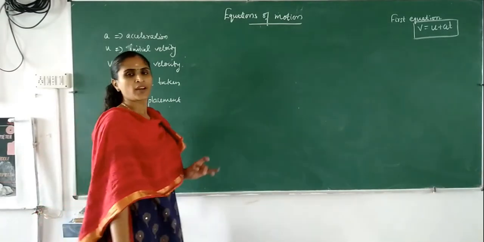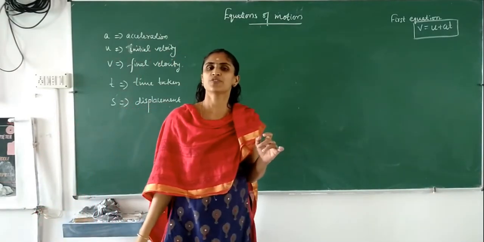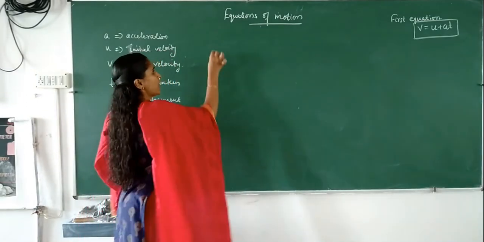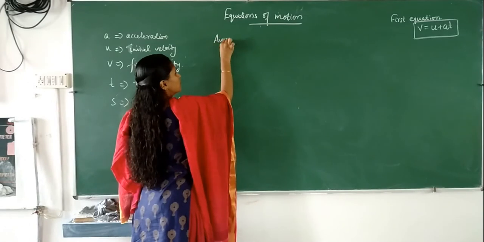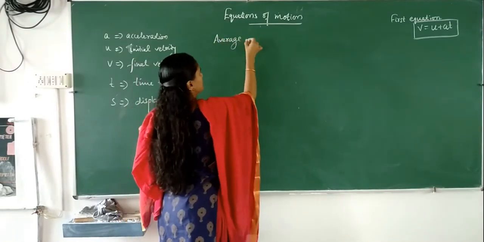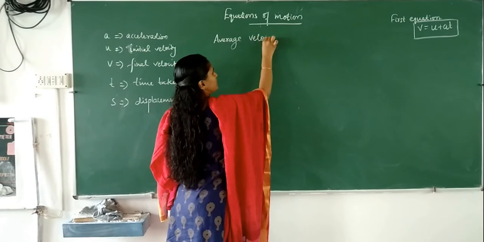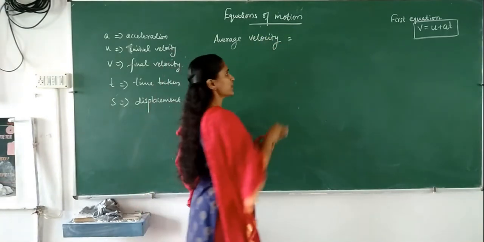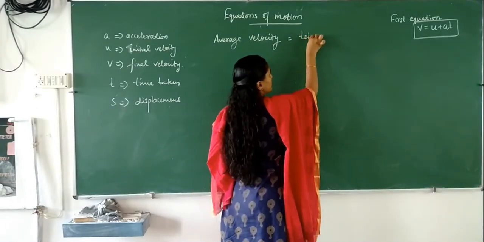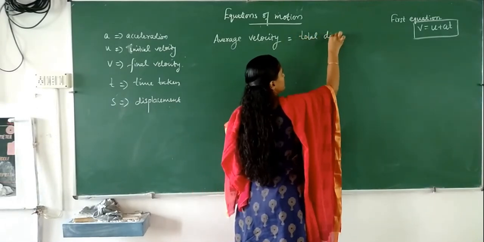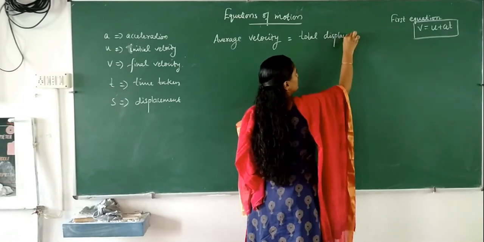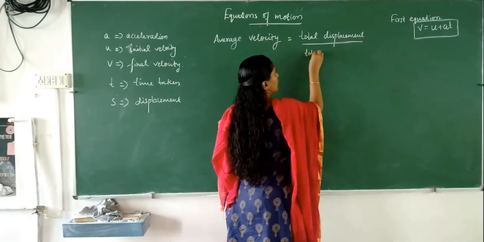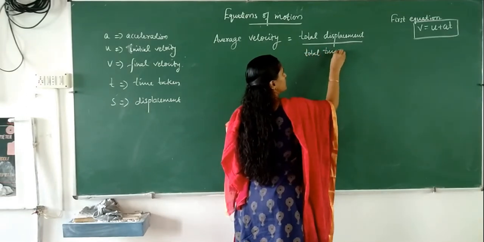The second equation we are deriving from the definition of average velocity. So what's the definition of average velocity? Average velocity is equal to total displacement divided by total time taken.